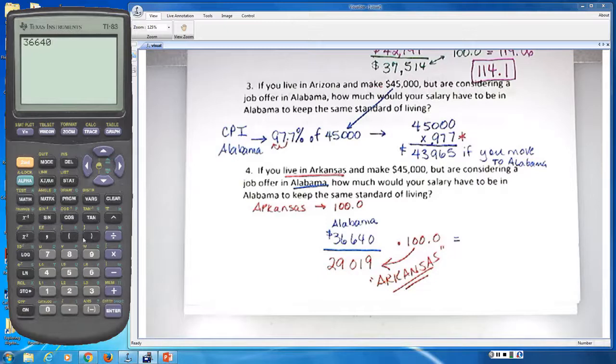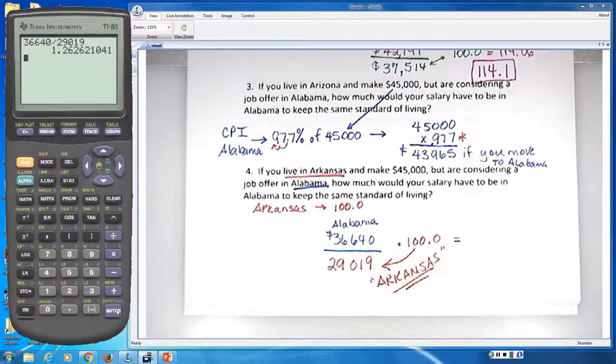So you should get something more than 100%. So that's 1.2626 times 100. 126.26.